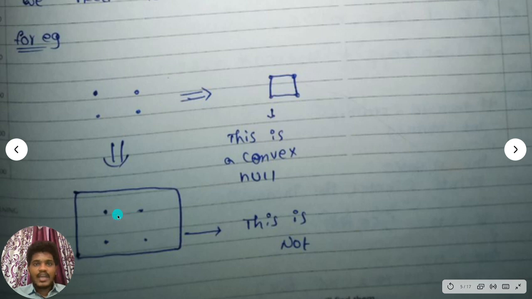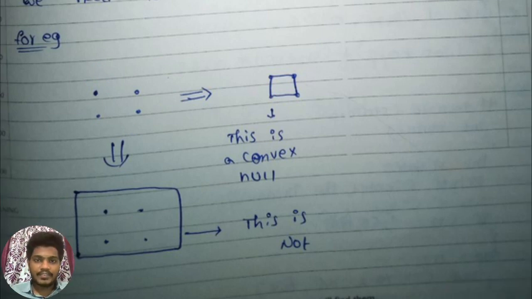So every point has its segment within the same subset itself, but it is not minimizing the area. That is the reason this became the convex hull for these 4 points, whereas this is not. So I hope everything is clear till now. Now we will move on to the algorithm section of this presentation.